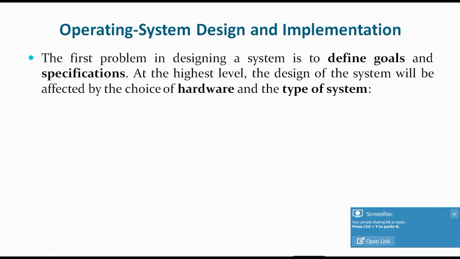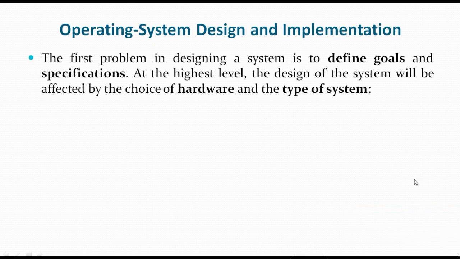The first problem in designing an operating system, or any system, is that we must define the goals and specifications. At the highest level, the design of the system will be affected by the choice of hardware and the type of system which we choose. So what type of system we are going to develop, and on which hardware we are implementing the operating system, also affects the complexity of designing and implementing it.